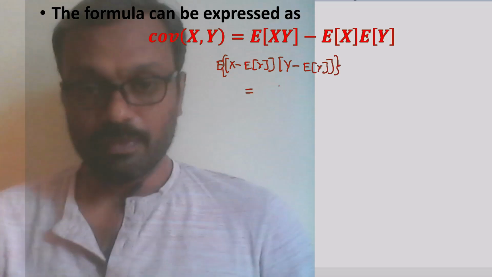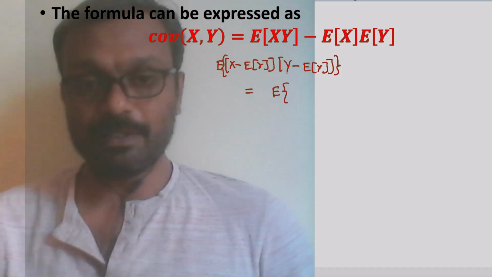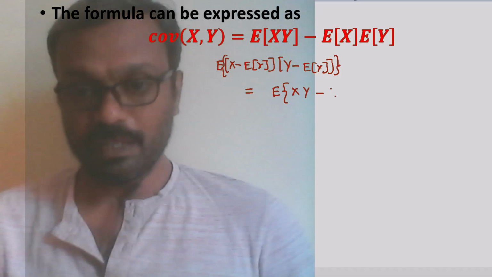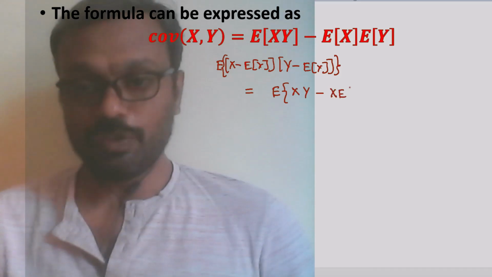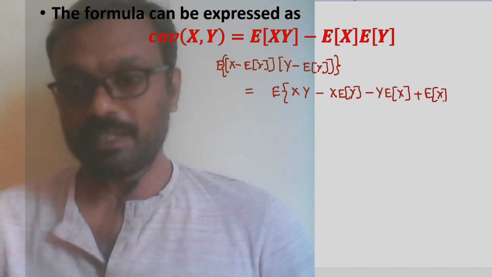Now you just open up the brackets and apply the property of expectation. So it is E of xy minus x into E of y minus y into E of x plus E of x into E of y.